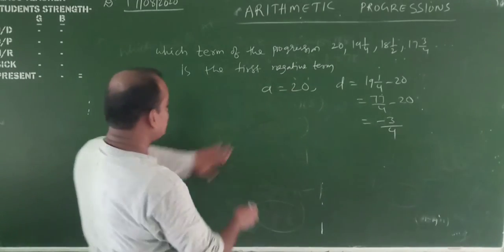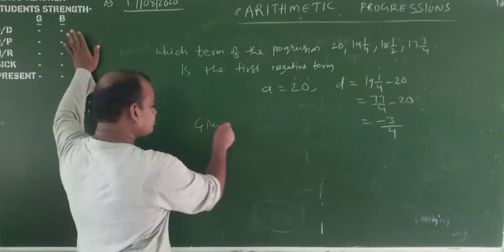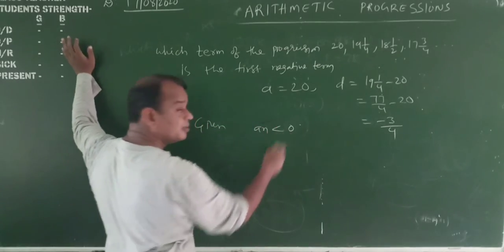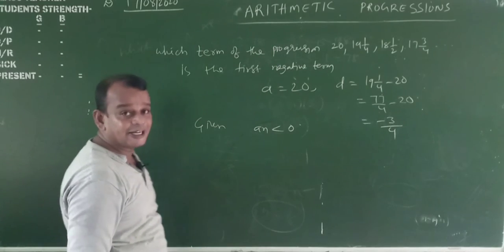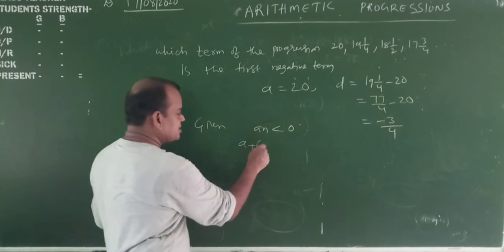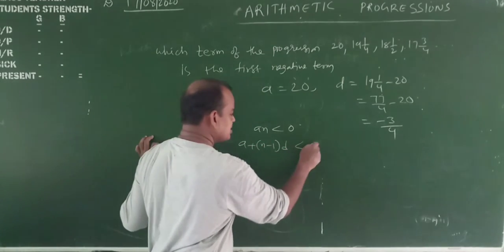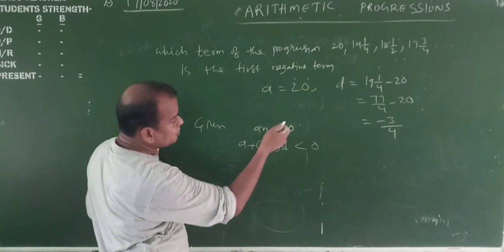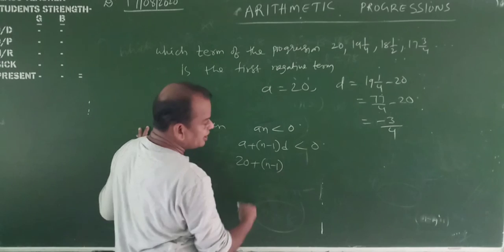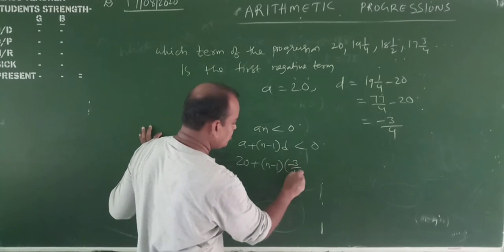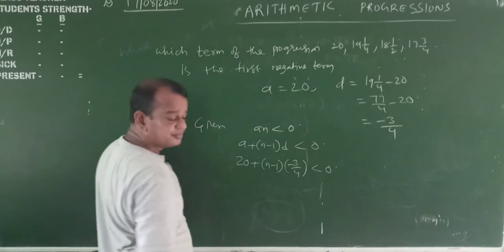Negative term means less than 0. In this case we will find the value of n: A plus n minus 1 into D is less than 0. The A value is 20 plus n minus 1 into D value, minus 3 by 4, is less than 0.